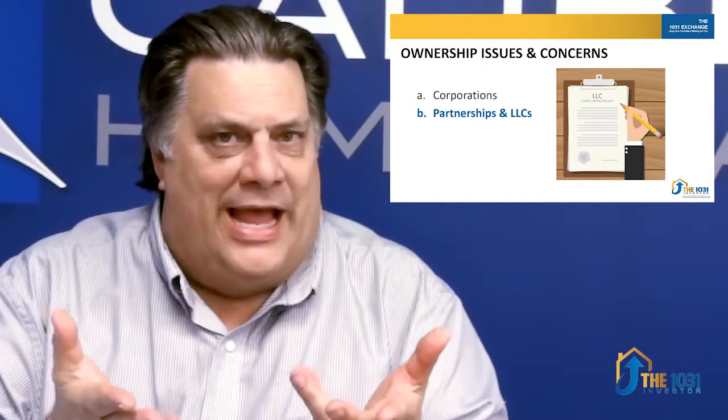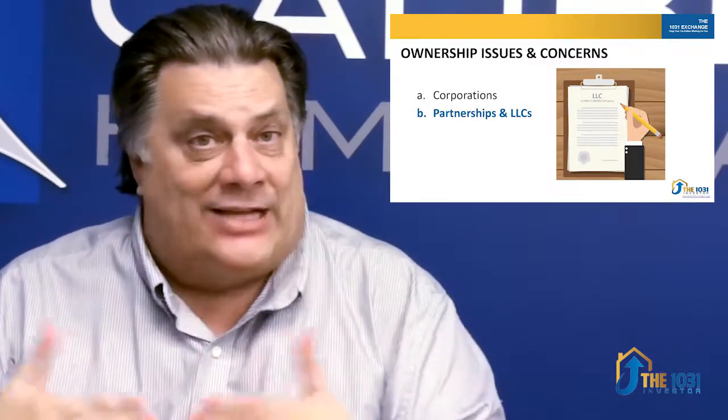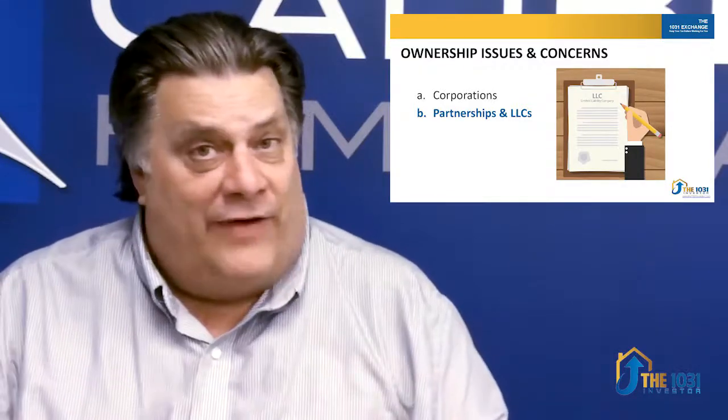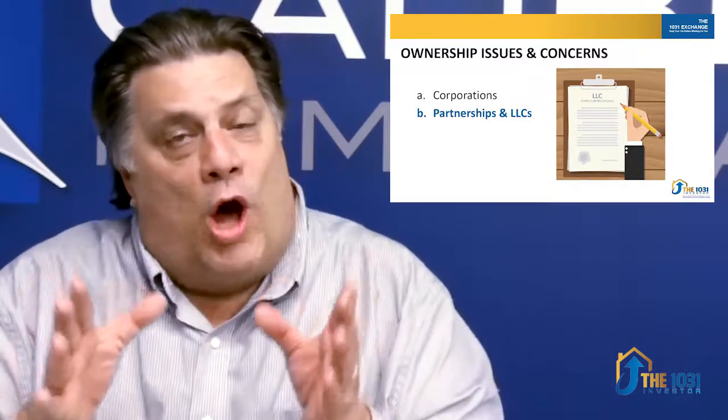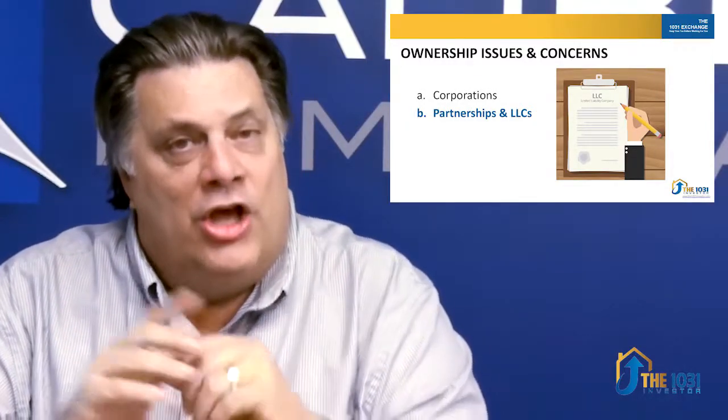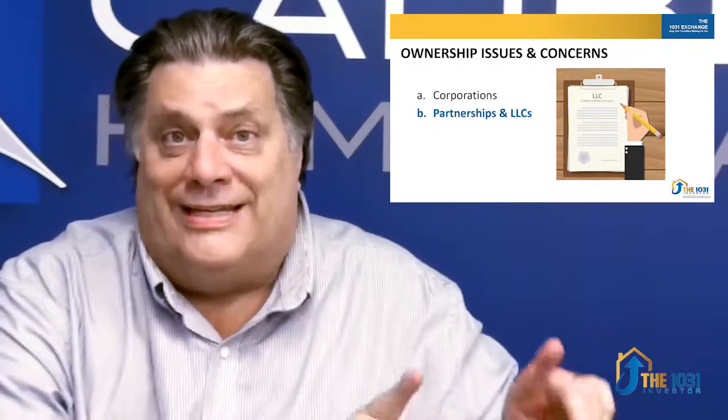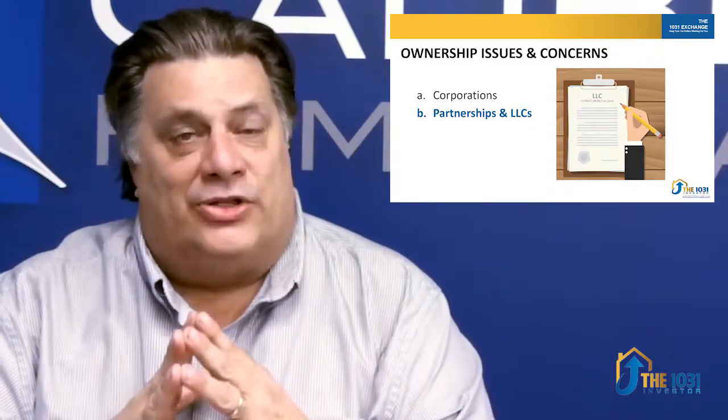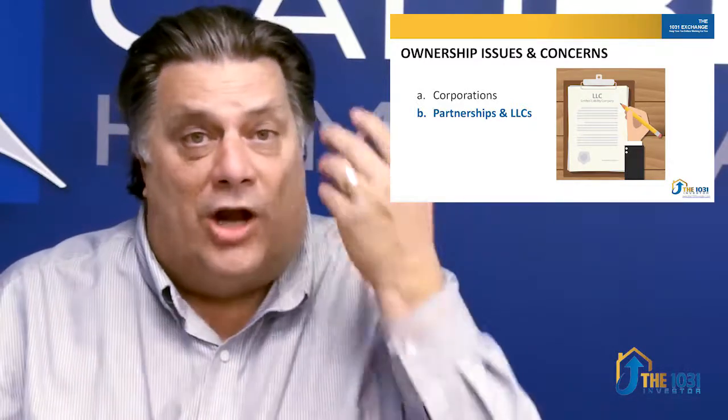If the LLC is choosing to be taxed as a sole proprietor, it does not file a tax return. So all of the activity of that real estate that's owned by the LLC flows onto the tax return of the individual. That makes the LLC what is called a disregarded entity. Now, by doing so, even if the property is deeded in the name of the LLC, who is the real taxpayer?